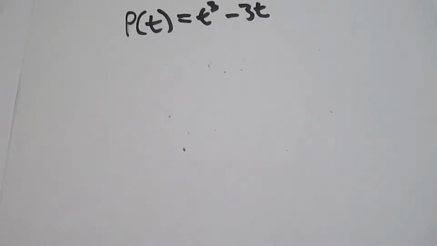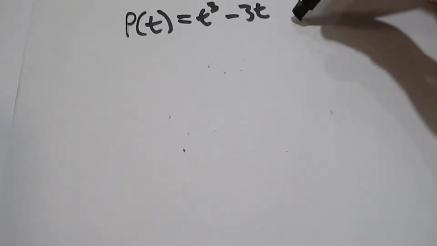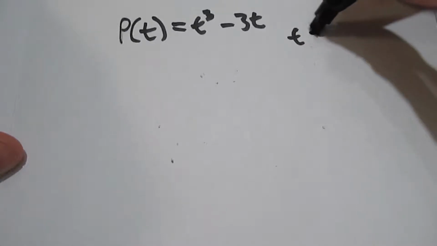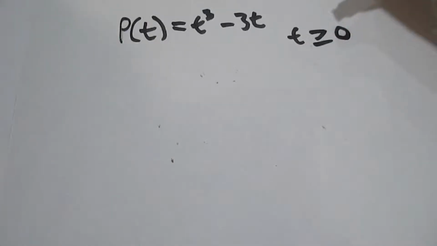To give it a more real world context, we're going to have it so t must be greater than or equal to 0, because you can't have negative time. So I'm going to keep it in real numbers here. Just want to point that out.